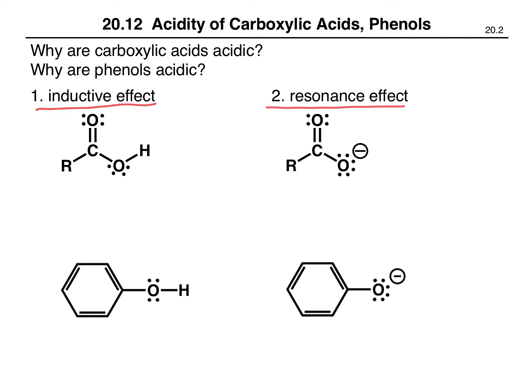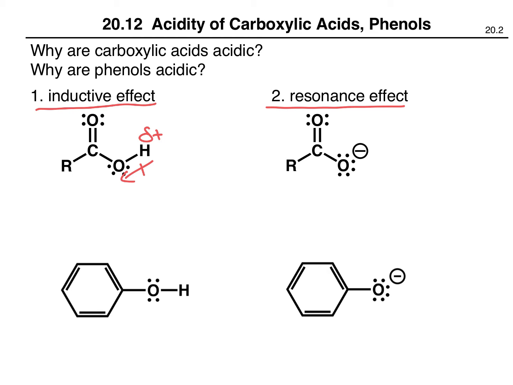With inductive effect, it's probably most appropriate to think about the starting material, the acid itself, and we know that oxygen is more electronegative than hydrogen, so this is going to be pulling away electron density, leaving the hydrogen with a significant partial plus.